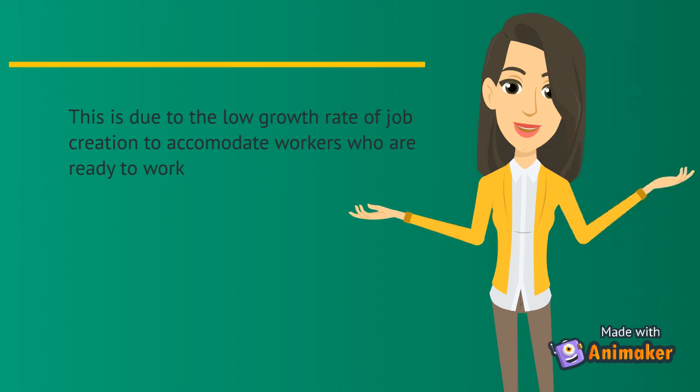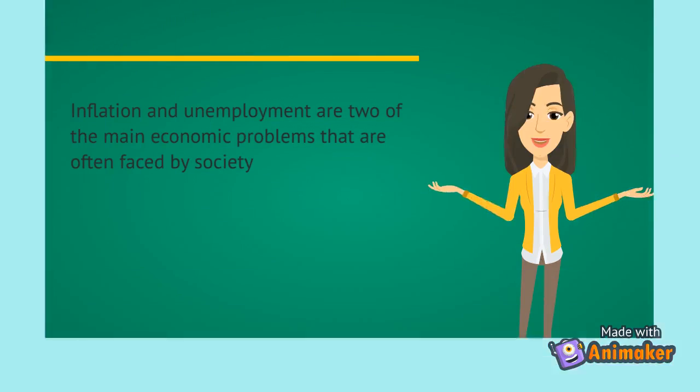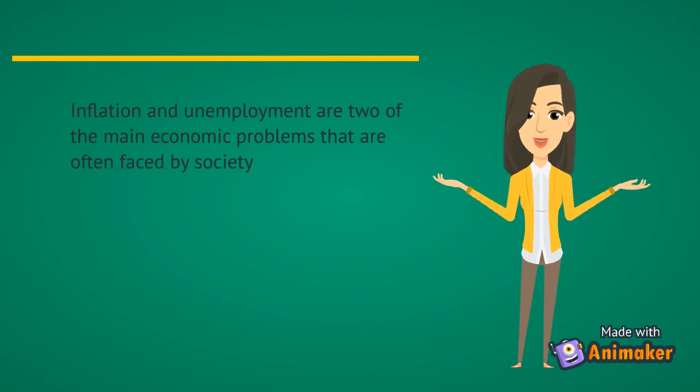This is due to the low growth rate of job creation to accommodate workers who are ready to work. Inflation and unemployment are two of the main economic problems that are often faced by society.